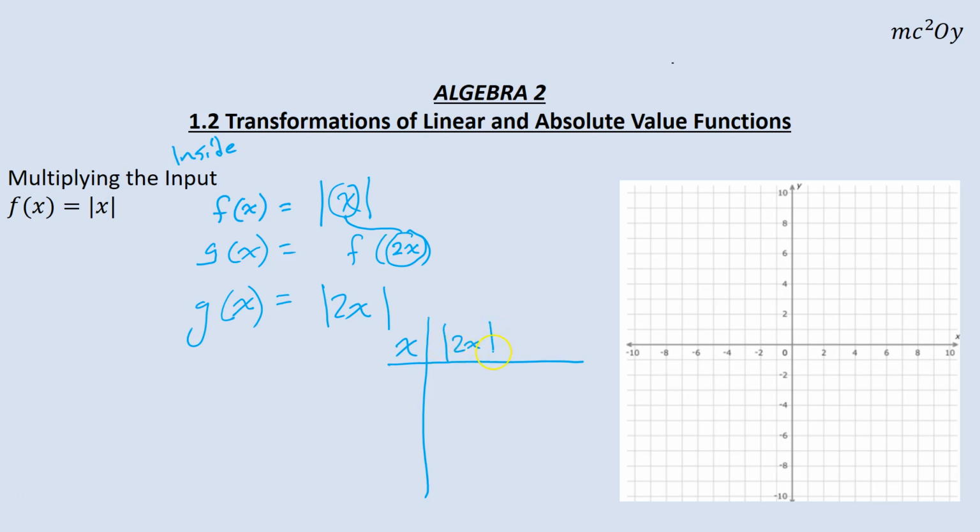And so that gives us some space to keep our work organized. So if we have, say, 0, 2 times 0, absolute value of that is, well, that's 0. And if we put 1 in, well, that's absolute value of 2 times 1, or 2, which is 2. We put 2 in. That's the absolute value of 2 times 2, which is absolute value of 4, which is 4.